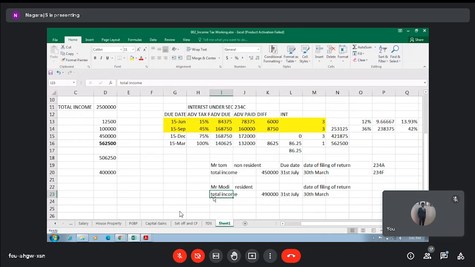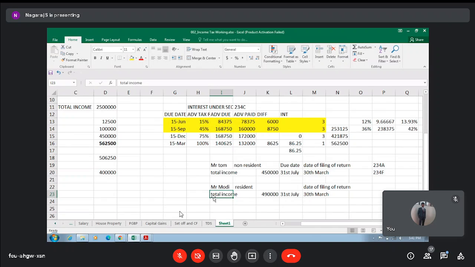1% per month from August to March. August, September, October, November, December, January, February, March. 9 months into 1%. 9% on 10,000.